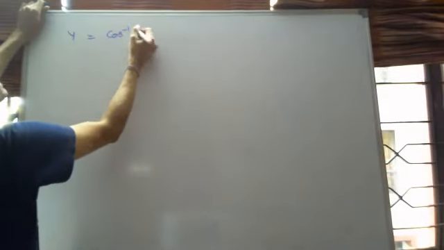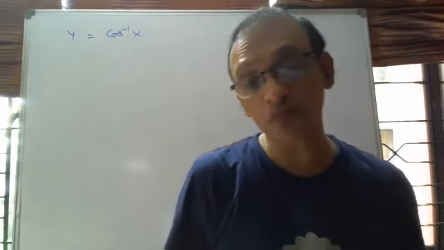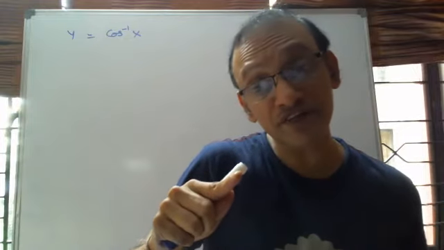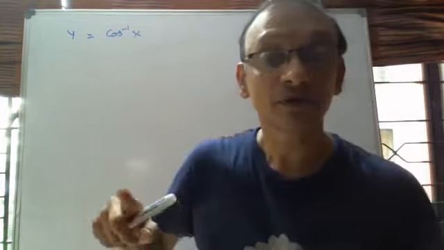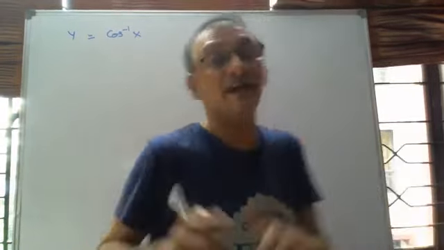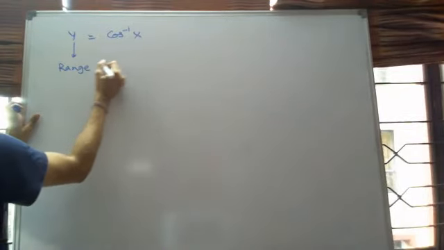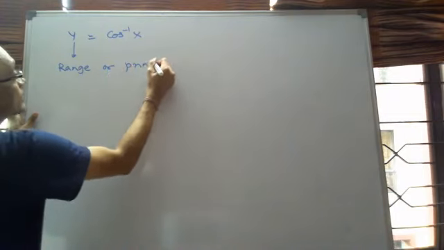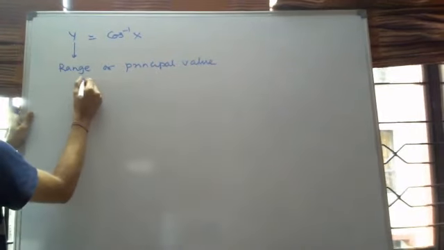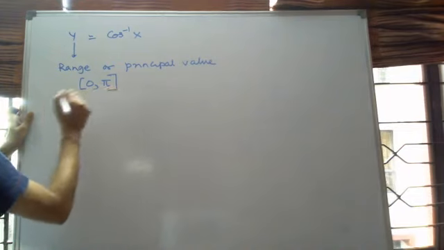Now in cos inverse, son, we cannot take -pi/2 to +pi/2, because cos is positive in -pi/2 to 0 as well as 0 to pi/2. In this case the principal value range is 0 to pi.